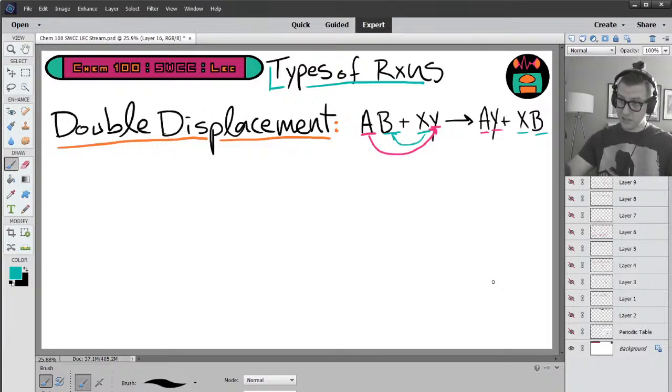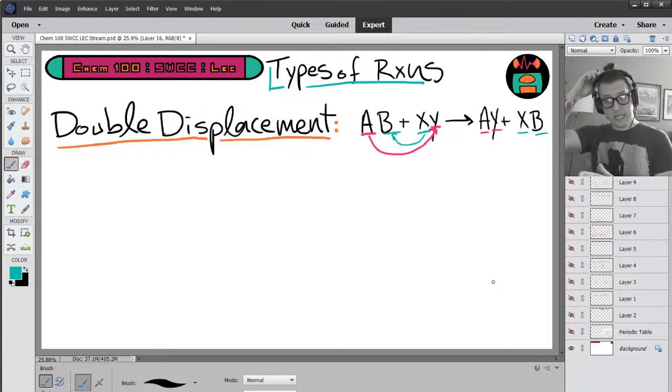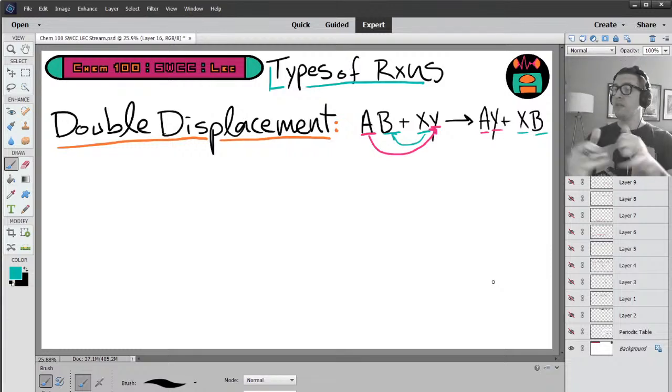In a single displacement, only one thing is swapping places. Here it's both. It's a double swap type of deal.